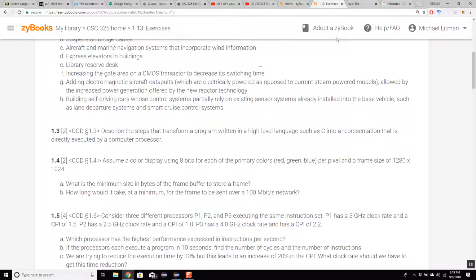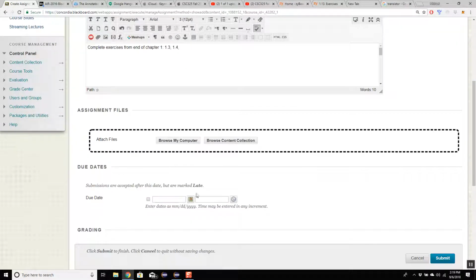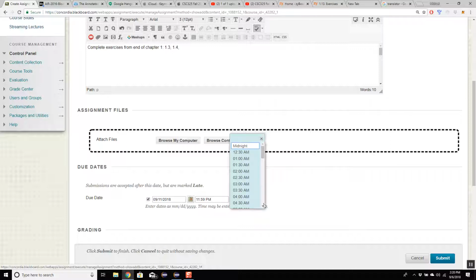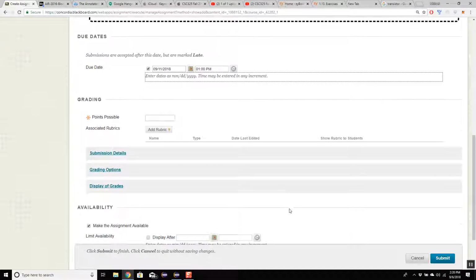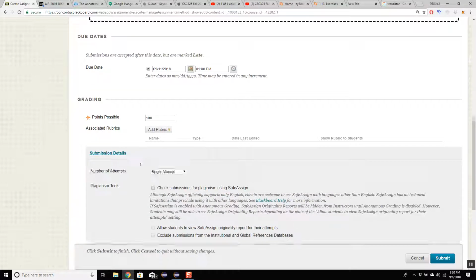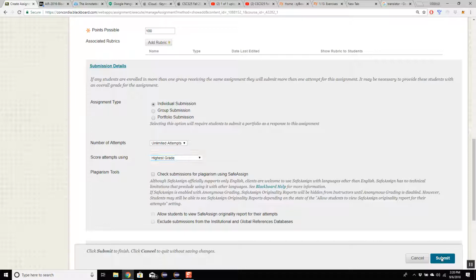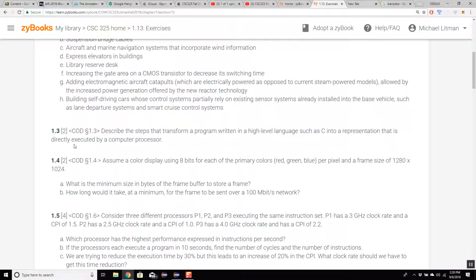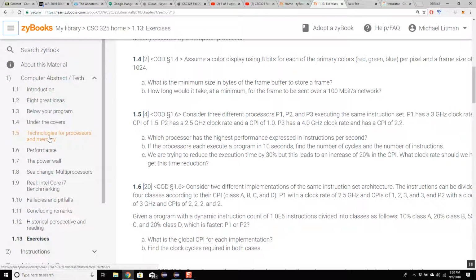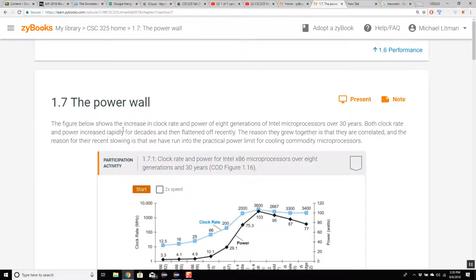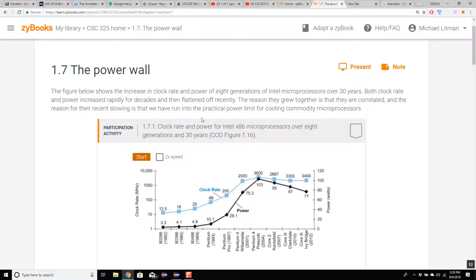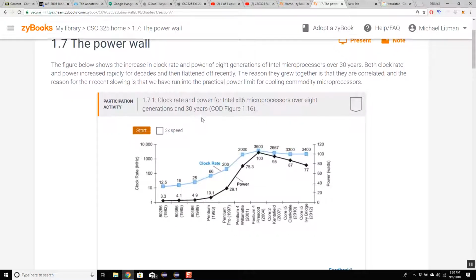The next ones I would do are from the next section. All right, so let's look ahead here a little bit. 1.6 and 1.7 are going to deal with us doing some mathy stuff related to processors, at least 1.6 was that.